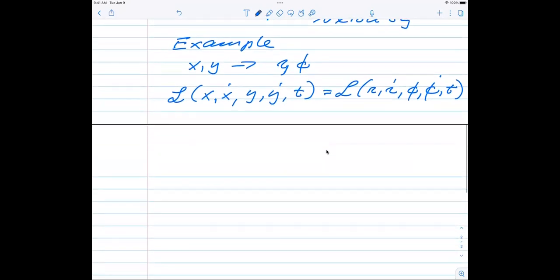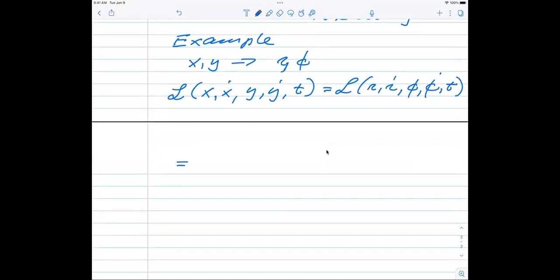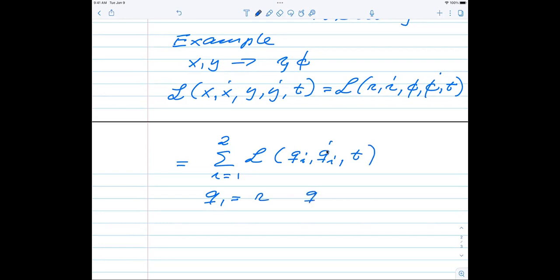This is normally written out in terms of general coordinates. We would have a sum from i equal 1 to 2 of L of some q_i, q_i derivative, and t, where Q1 is equal to r and Q1 derivative is the radial velocity, and Q2 is given by the angle and Q2 derivative is the angular velocity.